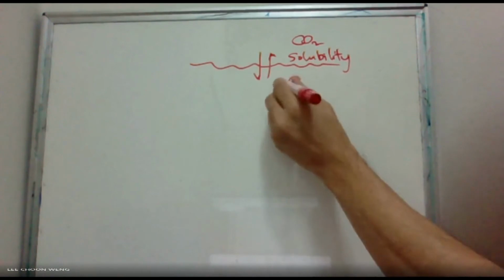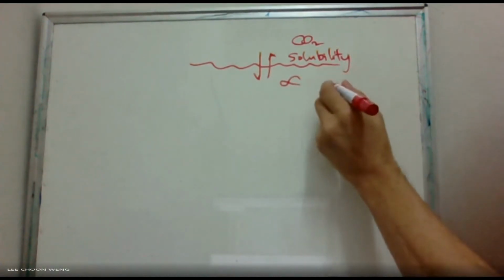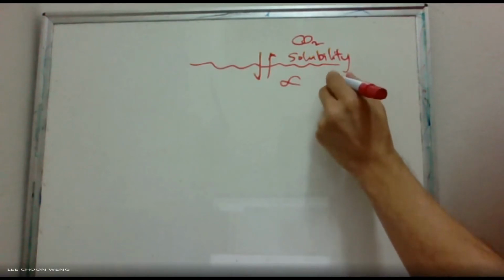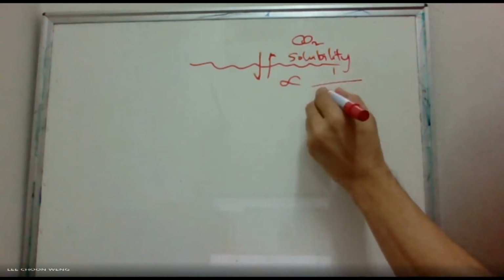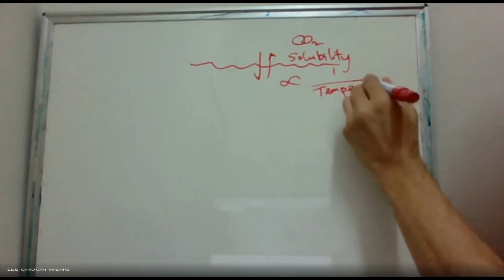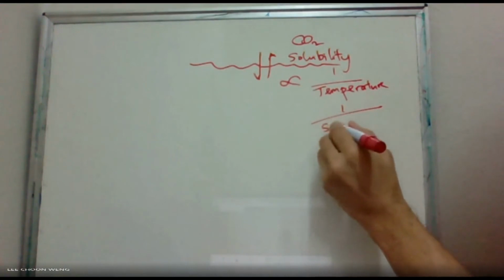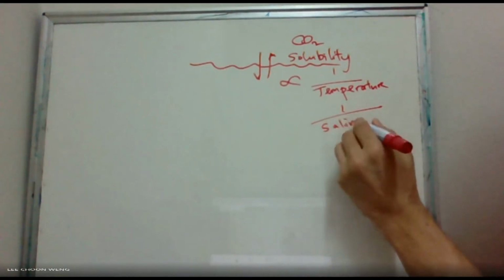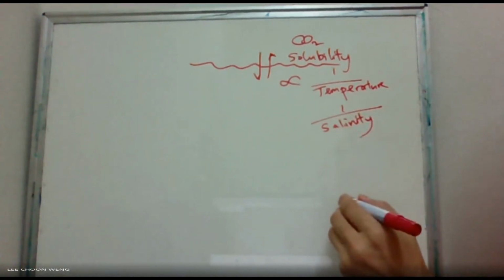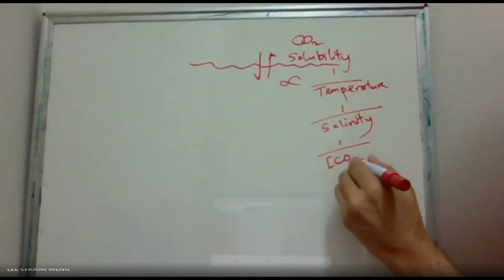Okay. Of course, we have already learned that the solubility of gases in the sea is inversely related to temperature, salinity, okay, and also CO2.